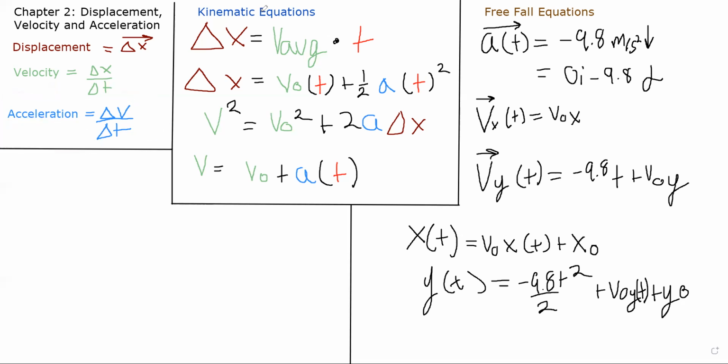So for kinematic equations, these are equations that will allow you to solve generally word problems that you can handle. Let's say for this first one, it shows displacement equals average velocity times time. With this, let's say you were given the distance that something travels, right?